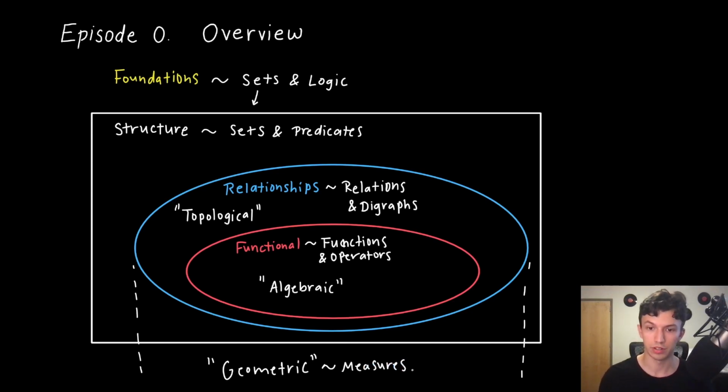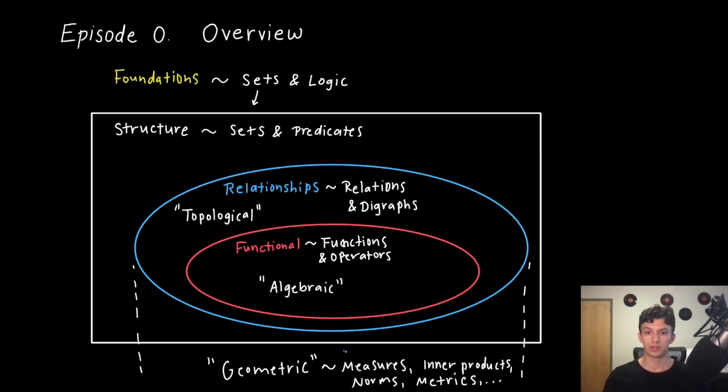So measures is a very good example, or inner products, or norms, or metrics. These last three are very correlated to each other. Metrics. Okay. And there's plenty of other examples. So measures is a big geometric structure because it literally assigns a size to space.